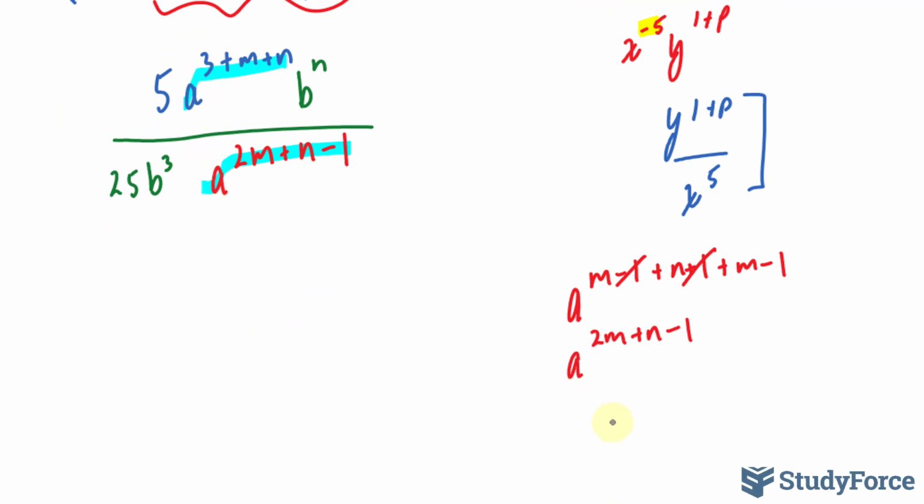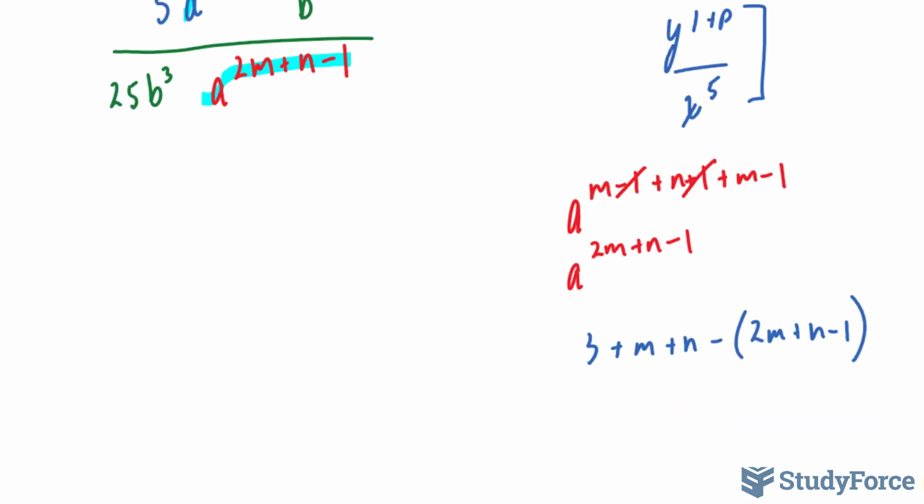So let's do our work here again. 3 plus m plus n minus, and let's see if you'll remember this, bracket 2m plus n minus 1. I'm putting emphasis on that because students often make this error. This negative will multiply to each of the terms within the brackets, giving us 3 plus m plus n minus 2m minus n plus 1.